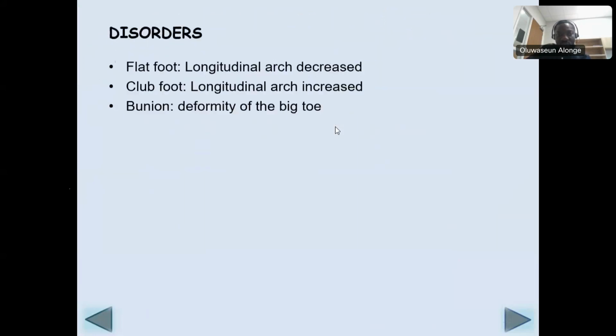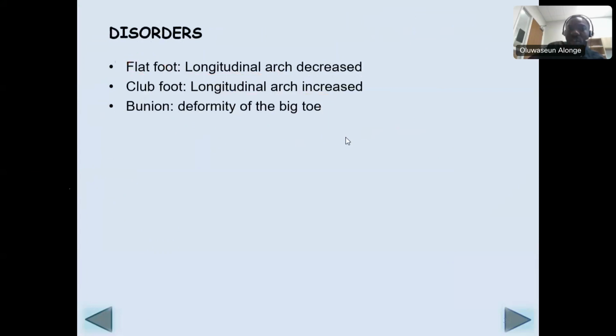Okay, so I've discussed everything there. The last thing is when there are disorders. If there's any problem with the longitudinal arch and it reduces, we say there's flat foot. Then club foot is when the longitudinal arch increases. Then bunion is when there's deformity of the big toe.